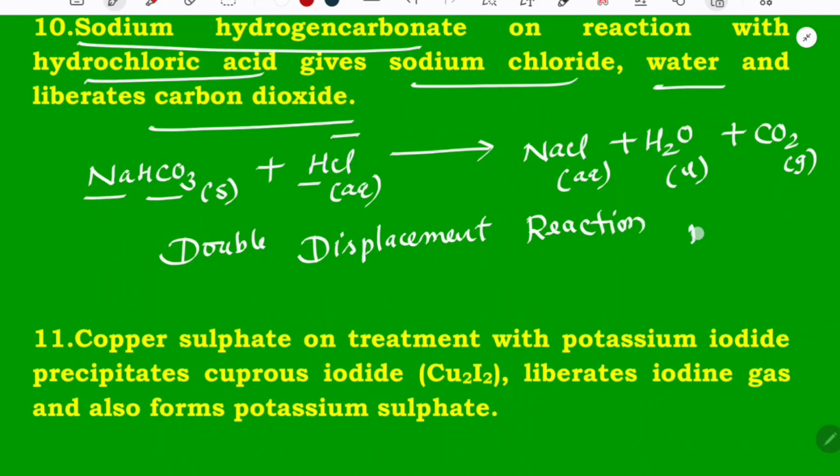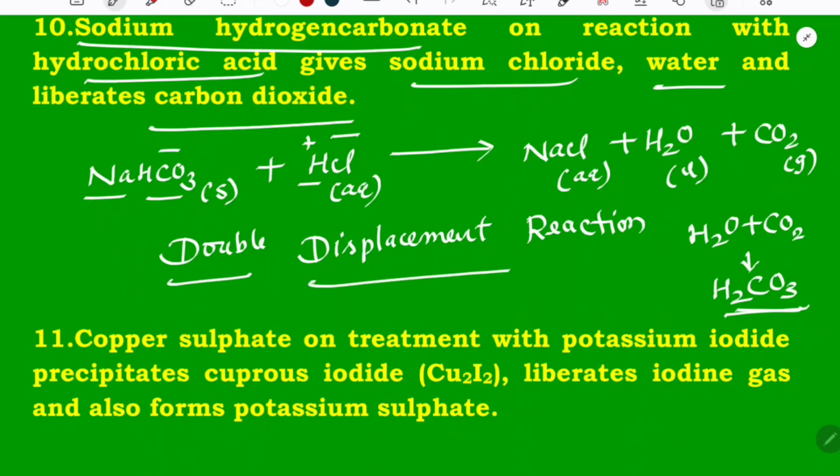Generally, H2O plus CO2 combines to form H2CO3. Here this HCO3 minus, with H plus, combines to form H2CO3. So that's why a mutual exchange of ions takes place, and that's why we call this reaction a double displacement reaction.